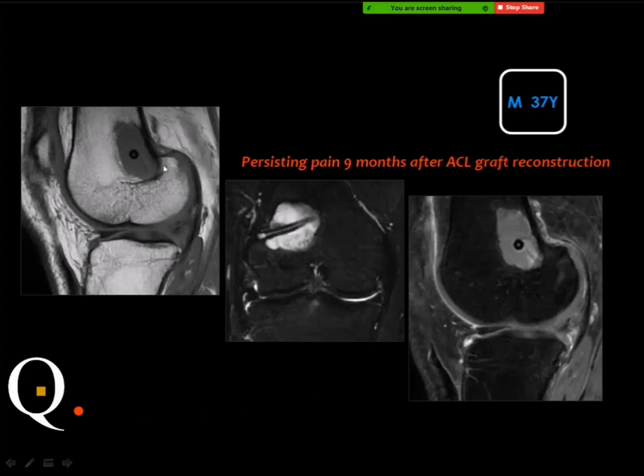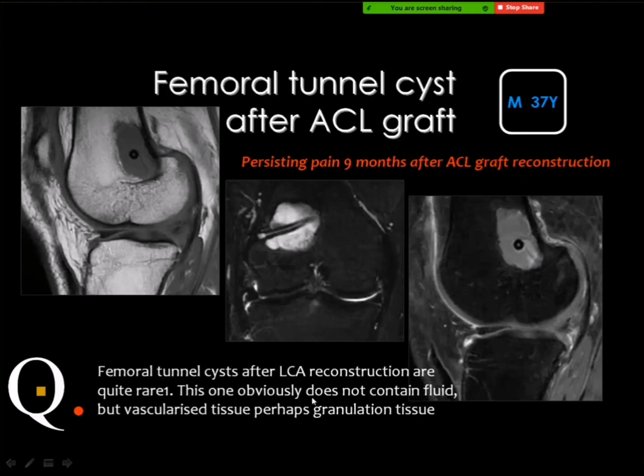Yes, this is the lesion, and you remember that one of the complications of ACL reconstruction is development of a tunnel cyst. This tunnel cyst means that there is an accumulation of fluid around the femoral tunnel or the tibial tunnel or both. According to the literature, this is not an indication to reopen or redo the case.